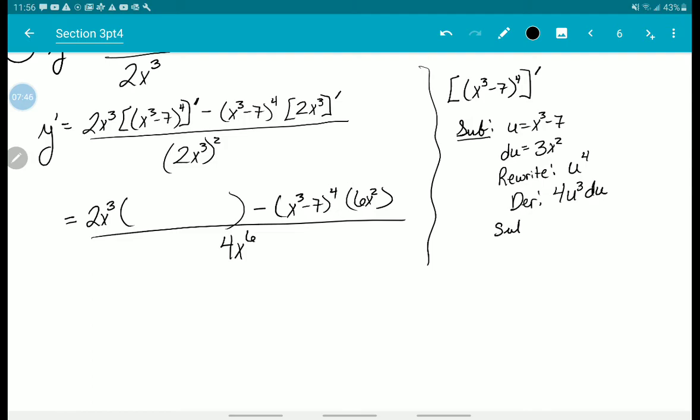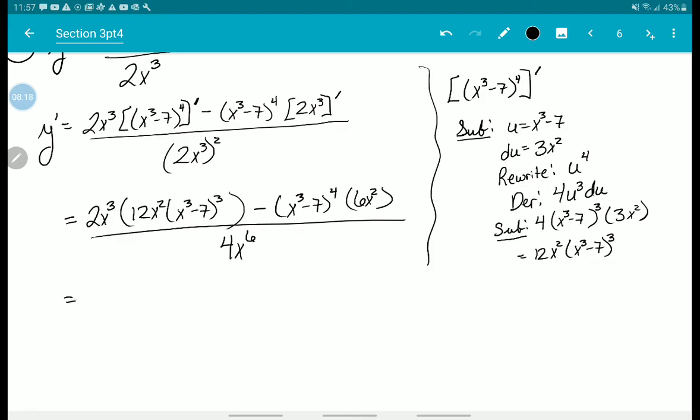And then let's substitute back in. So we have 4 times u, which is x cubed minus 7, raised to the third, times du, which is 3x squared. So we're going to have 12x squared times (x cubed minus 7) to the third. So that's what's going in this blank. 12x squared times (x cubed minus 7) to the third.